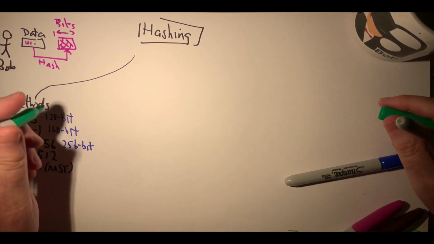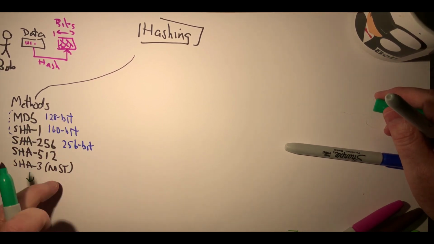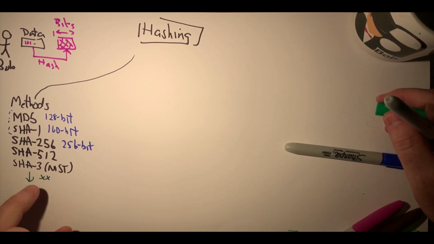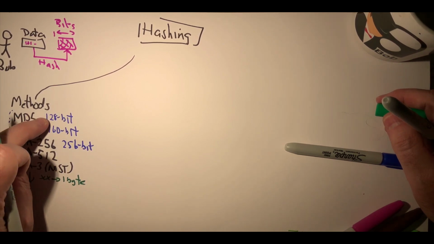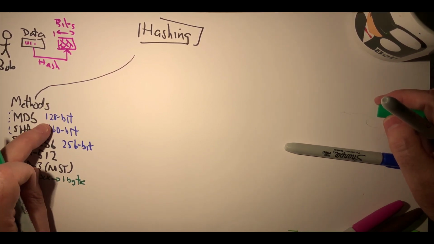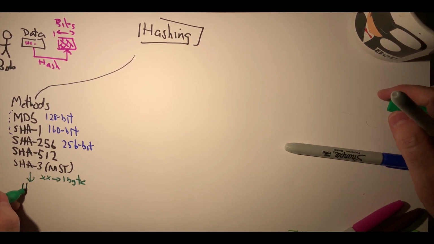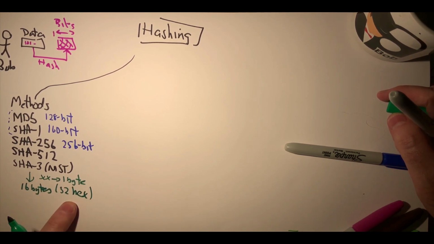The hash itself can be represented in a hex format. Two hex characters represent 1 byte of data. So if we have 128 bits of data, then we get 16 bytes, which is 32 hex characters.